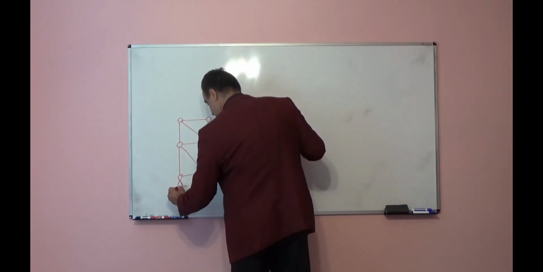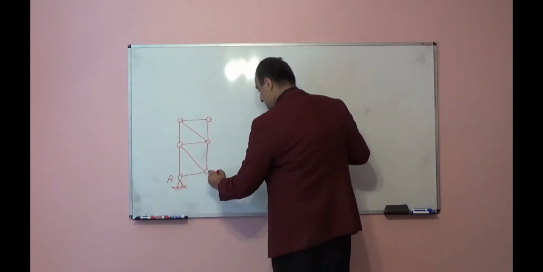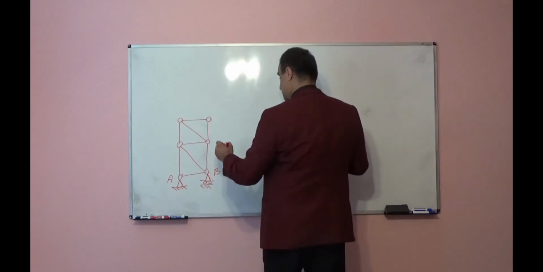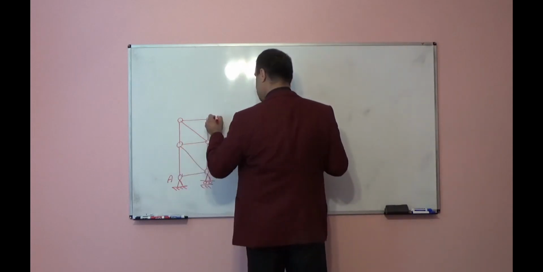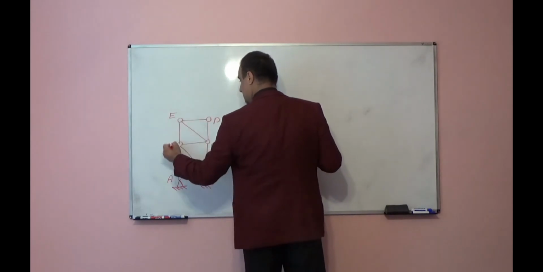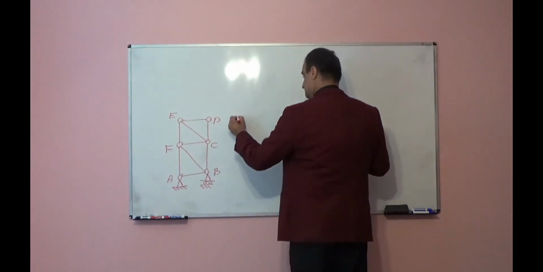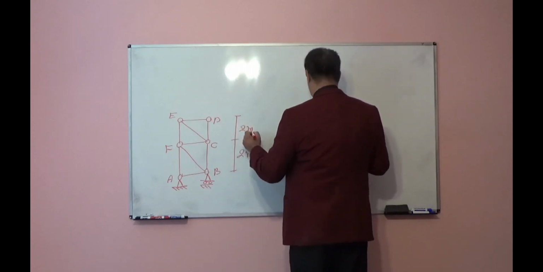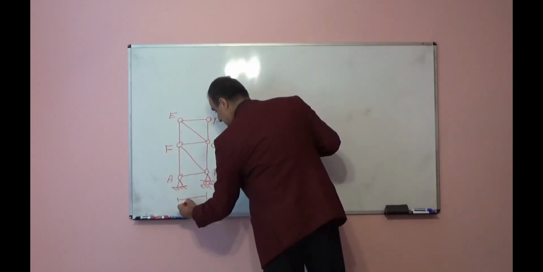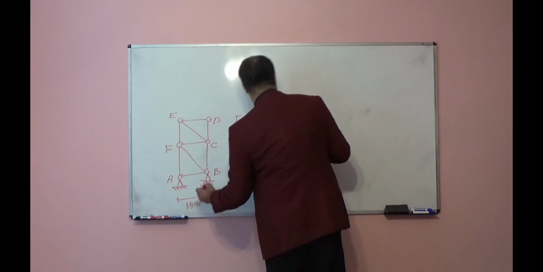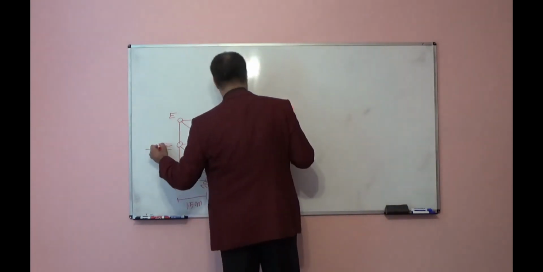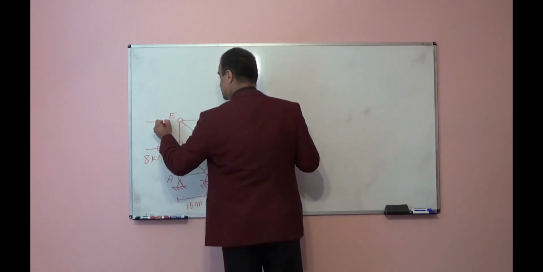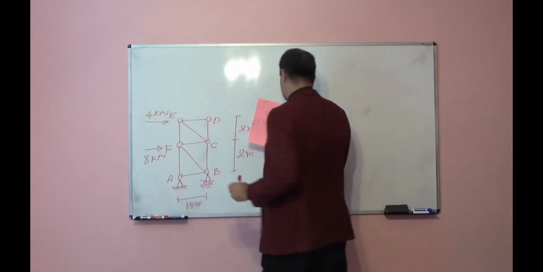A, B, C, D, E, F. 2 meter, 2 meter, 1.5 meter. Here I have 8 kilonewton. Here external load 4 kilonewton.